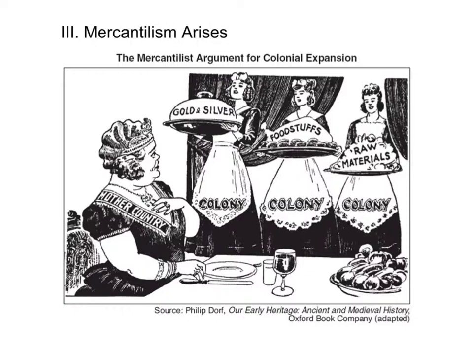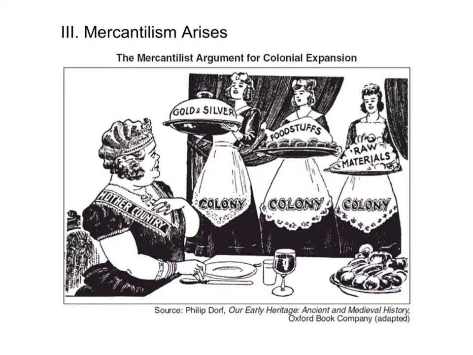So the governments would put a tariff on goods that are being imported to the country. A tariff is just basically a tax on imports, and part of the reason for that tax is to raise the price of the product so that local goods are less expensive than imported goods.